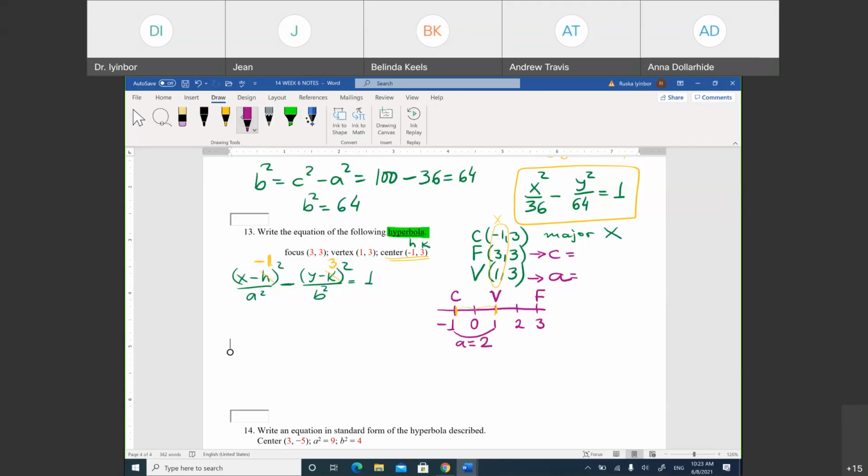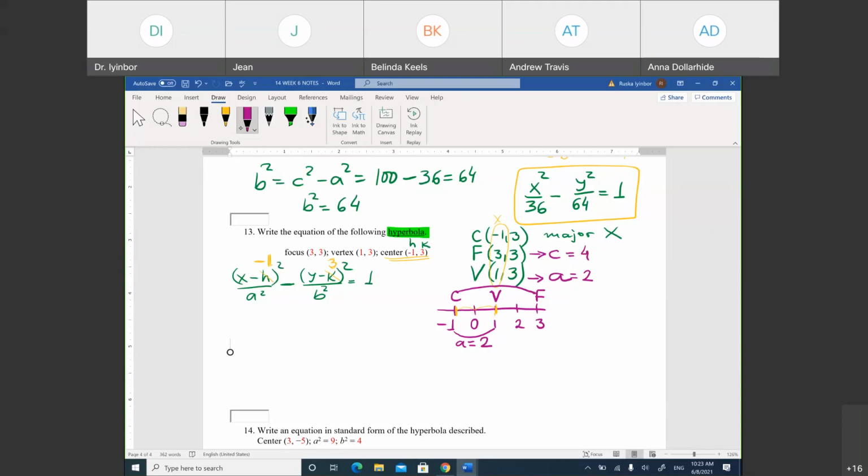Now what is C? Center to focus is C, right? We count from -1 to 3. What is the distance? Four. That's right, good job. C is going to be 4. Everybody see that?